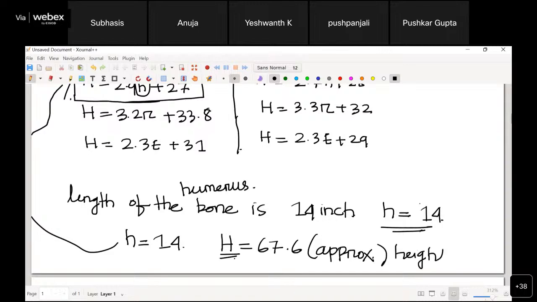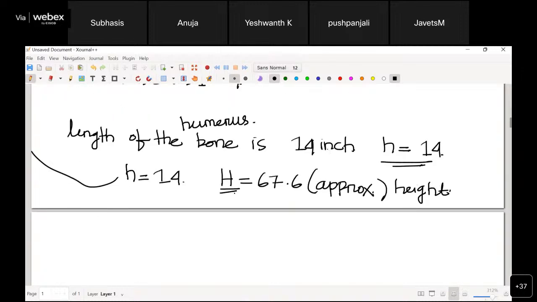It is given, what will be the error if the bone belongs to a 66-inch tall male. So what you need to do is subtract 67.6 minus 66. What will you get? 1.6. Okay, so this is the error.